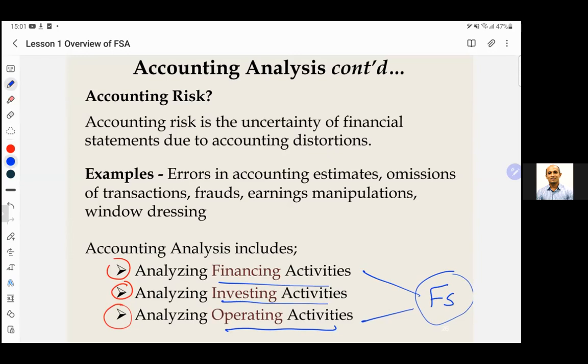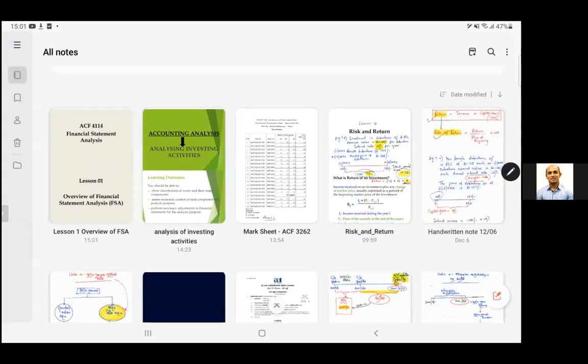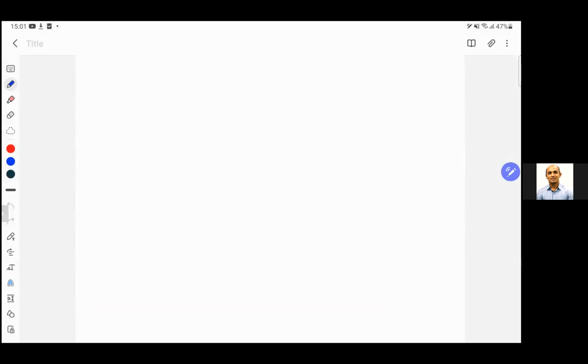Now let's see a simple example of how these 3 activities are presented in the financial statements.